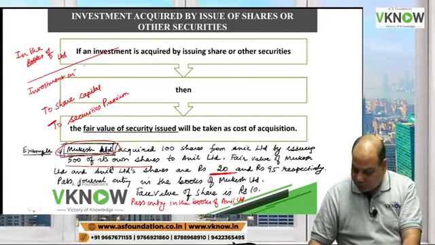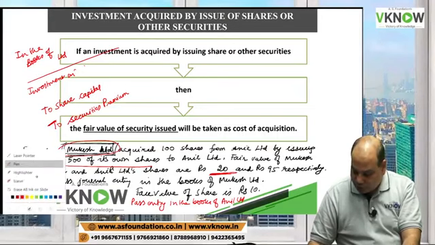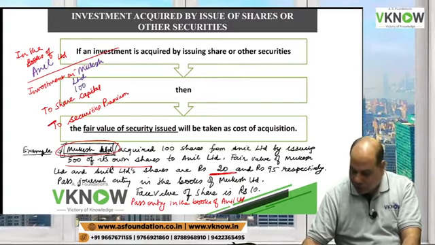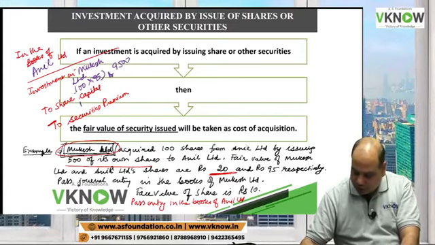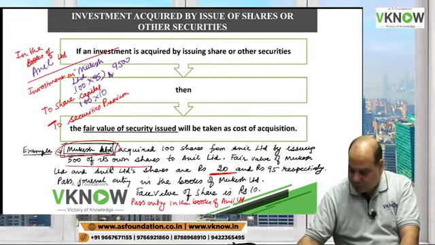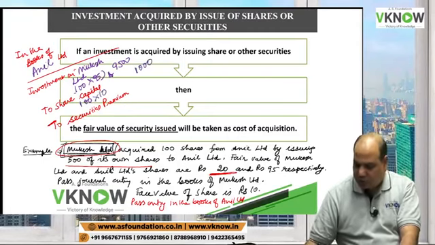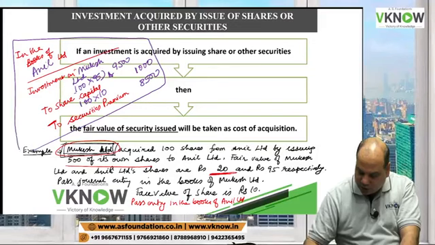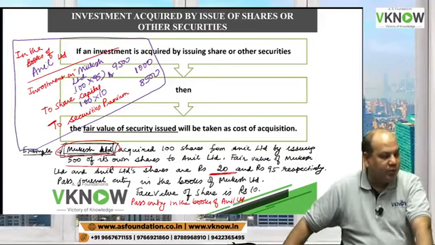So in the books of Anil Limited, write down: investment in Mukesh Limited, 100 shares issued by Anil, market price is 95, debit 9500, to share capital, 100 shares into 10 rupees face value, 1000, and the balancing figure to securities premium.